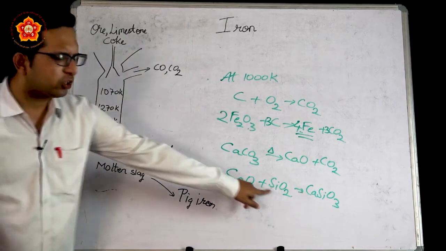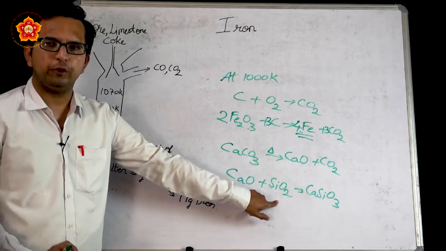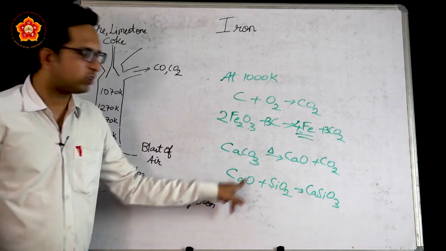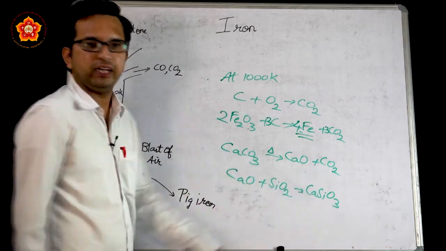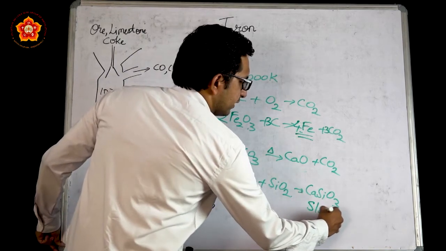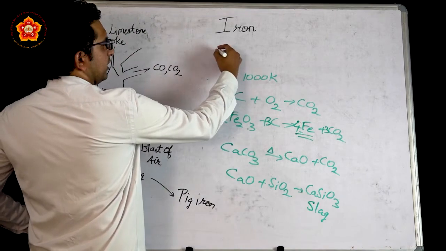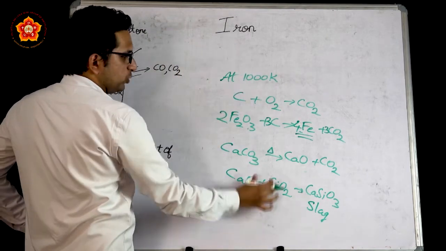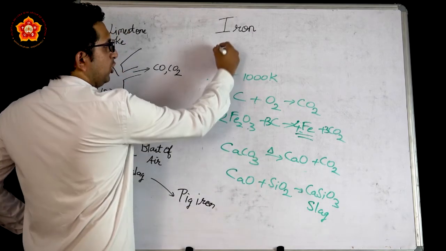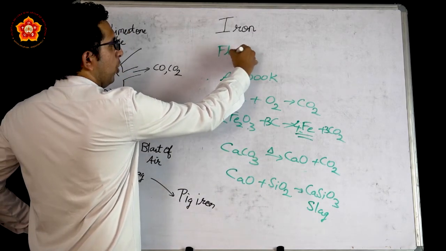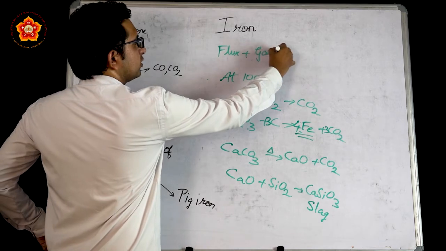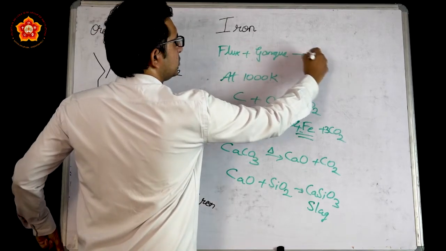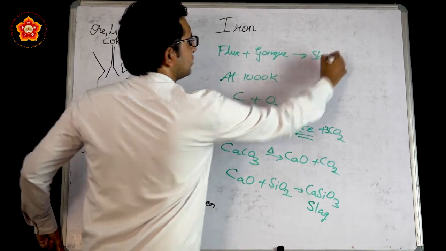So silicon dioxide represents all the impurities. It reacts with calcium oxide and forms calcium silicate, which we call slag. In a general sense, slag is formed from the compounds added as flux and gangue. Flux is that compound which will react with the gangue, which are nothing but waste particles, and they will give you slag.